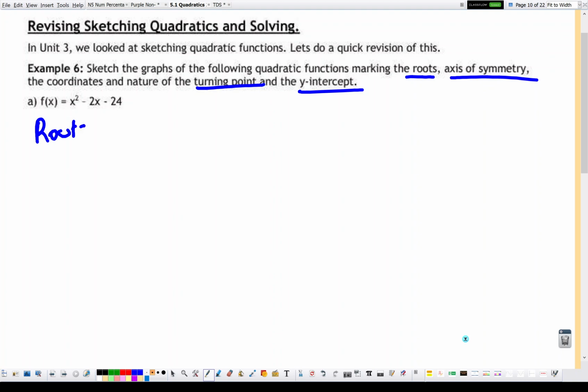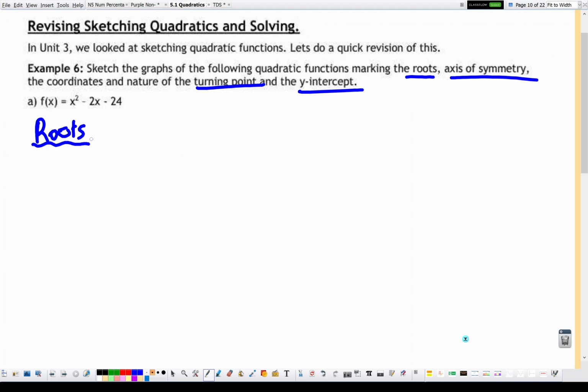Now, the roots, as we hopefully know, is the solution to the quadratic. It's finding out the 2 points where the graph cuts the x-axis. That's what we've been doing over the last week or so with our quadratic formula, and before that, solving quadratics through factorising.